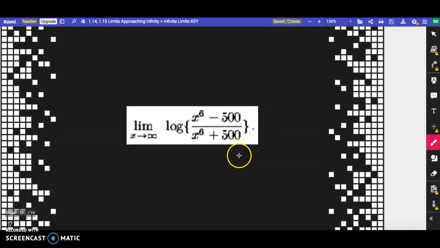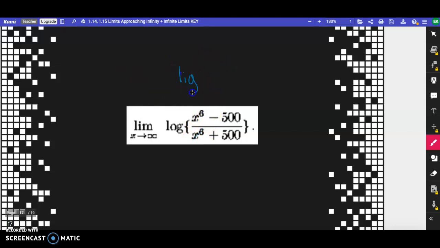All right, let's go ahead and look at this one. So I kind of will work from the inside out usually with these problems, because that's what we've been taught through all of math, is work inside your parentheses. So I notice that inside my parentheses, I can ignore the -500 and 500, because again, they'd be minuscule compared to x approaching infinity. I have matching dominance that's happening here. I don't want to say that those cancel.